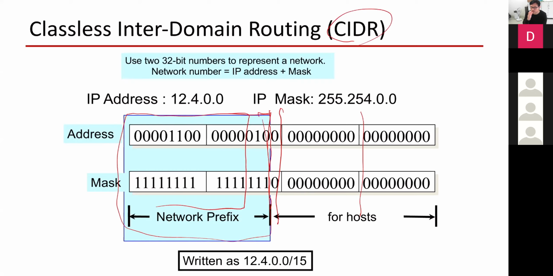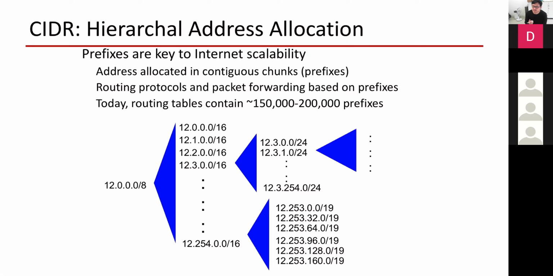Classless is hierarchical address allocation, and the prefix, the network part, is key to internet scalability. It is more flexible based on my request, based on what I need, because the higher hierarchy doesn't care while the lower hierarchy handles the detail.